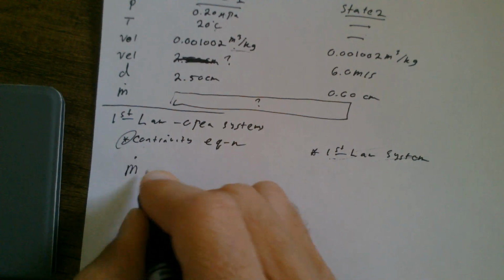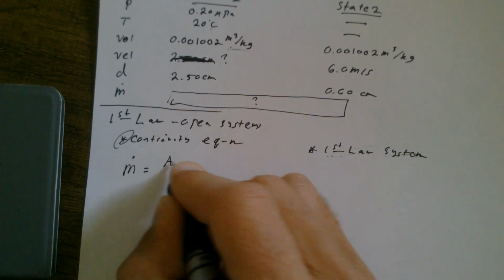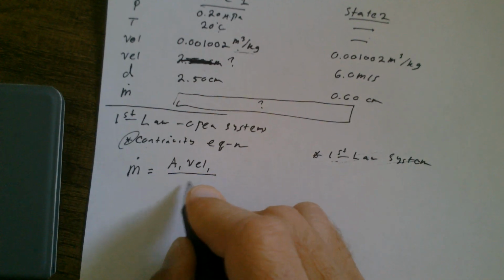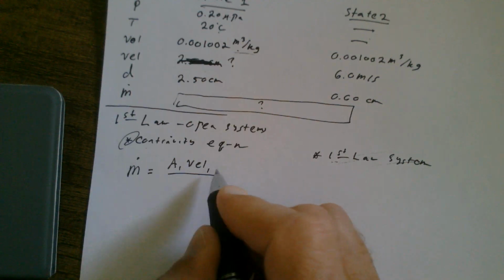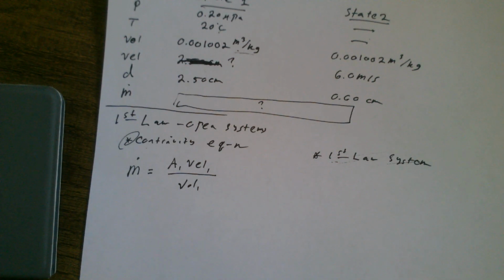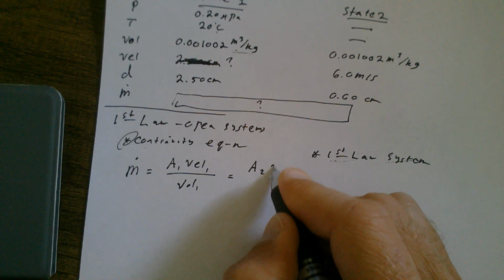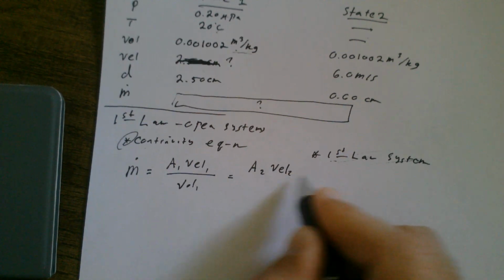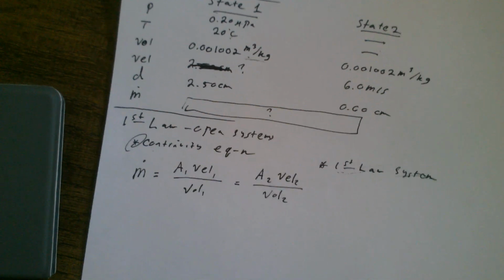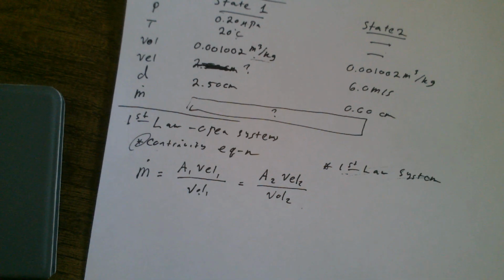M dot is going to be equal to the initial area, velocity, divided by the specific volume, and it's going to have to be equal to the exiting area, exiting velocity, divided by the exiting specific volume. All right, what are we given here?